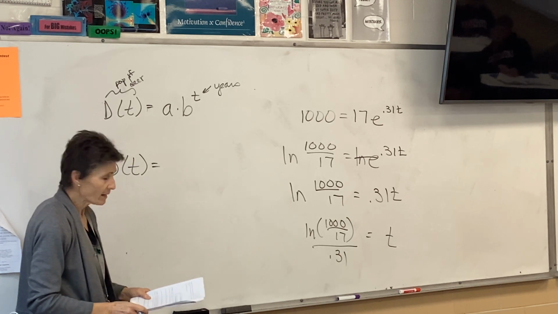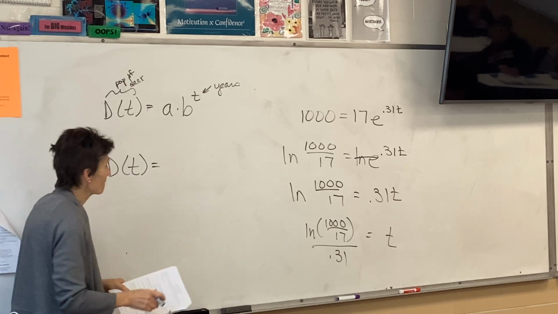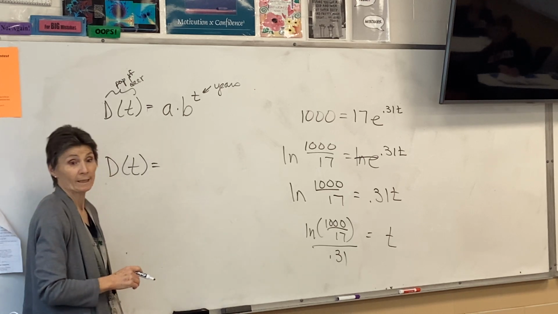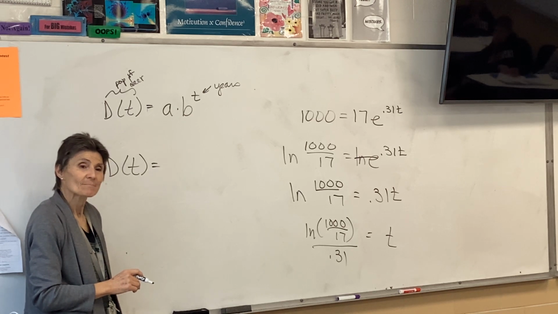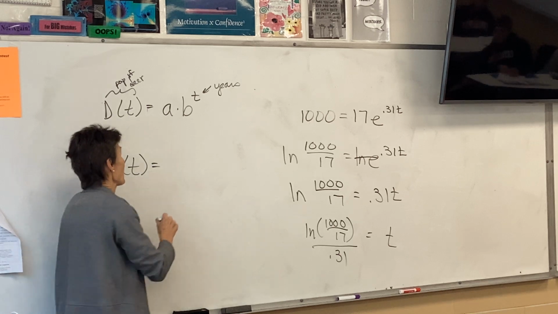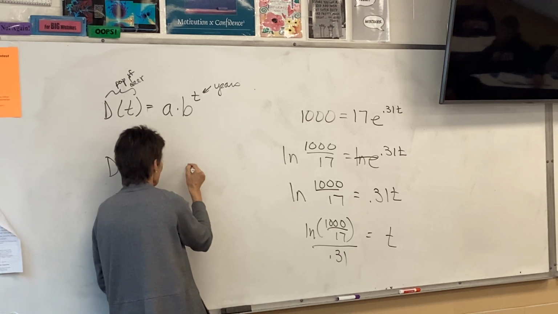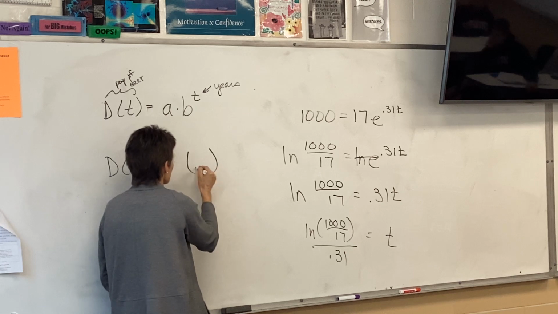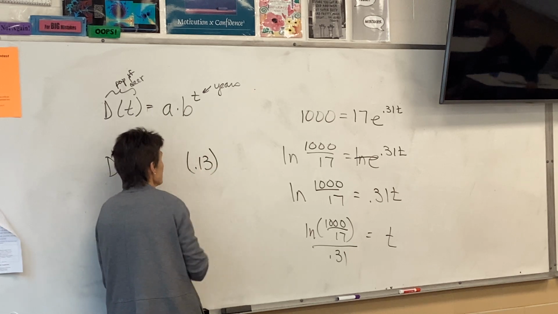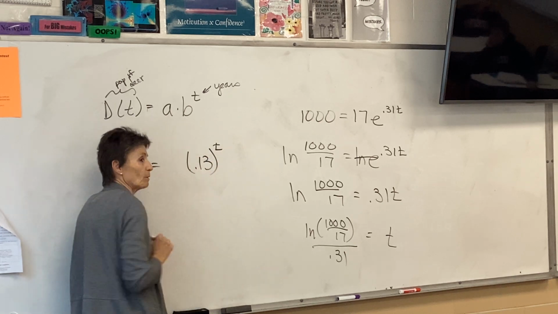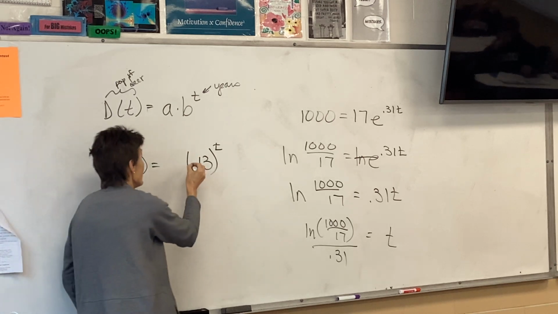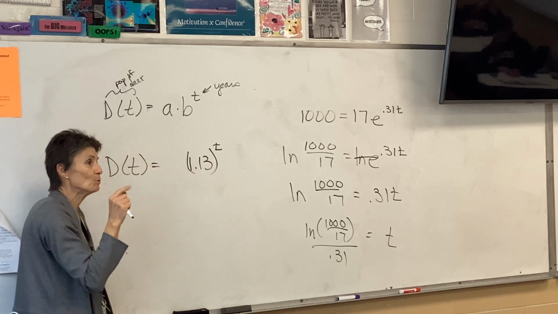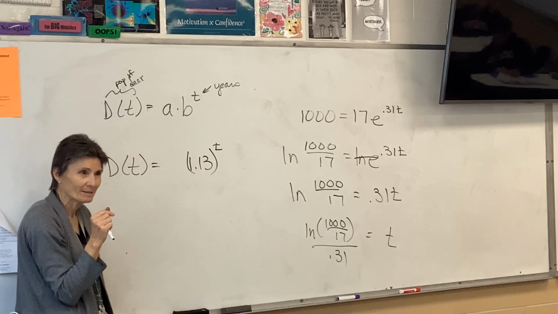Riley, you're writing away. What do you think? I think A, and then B is the 13%, so 0.13. Okay, let's talk about that because that happens a lot. We're increasing 13%, so we put 1.13, because what's going to happen if you multiply by 0.13?